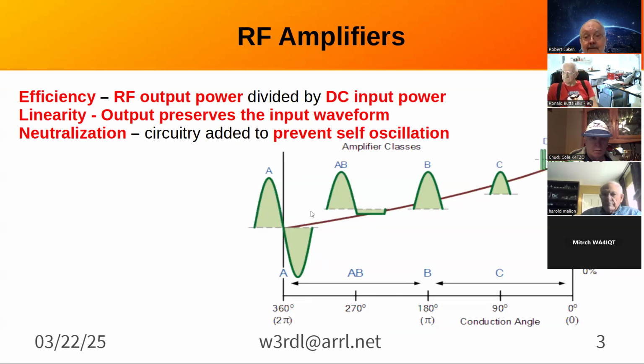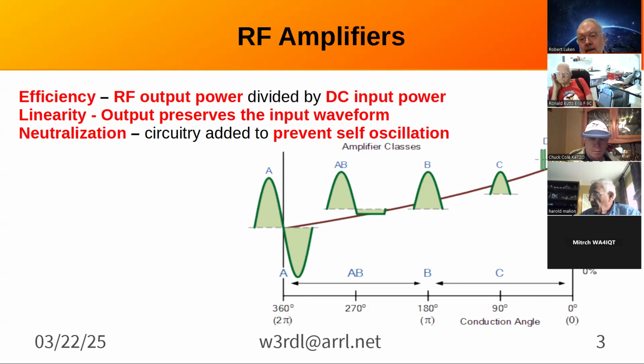Like I was about to say, the AB is a little hybrid where they changed the biasing. Normally it's a push-pull type of arrangement, so the second transistor or tube is conducting for a small portion of the other cycle.